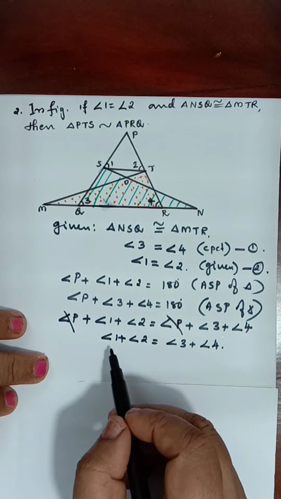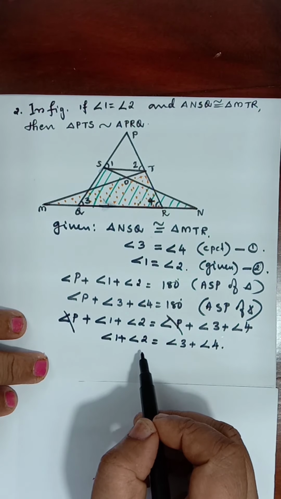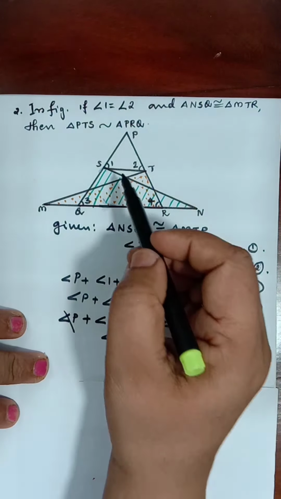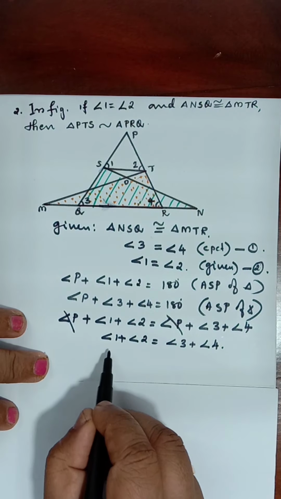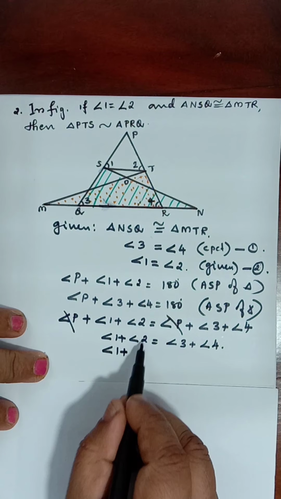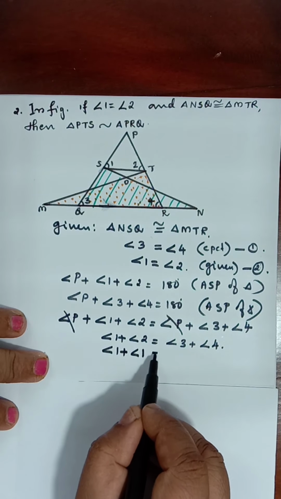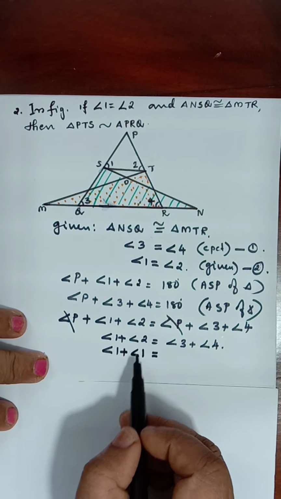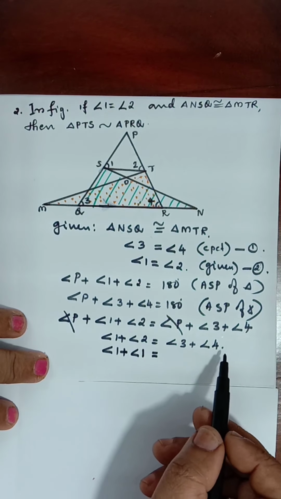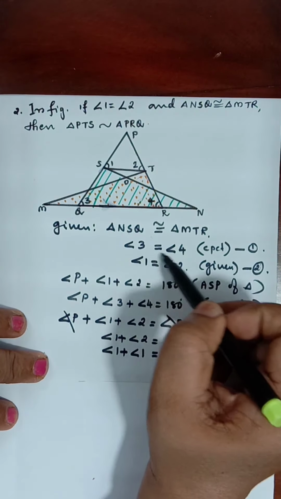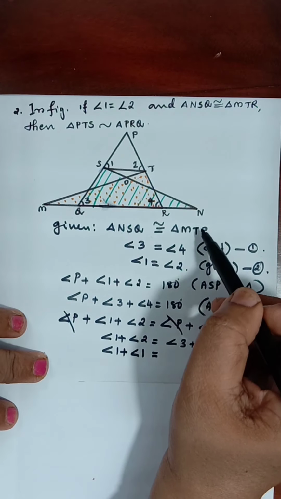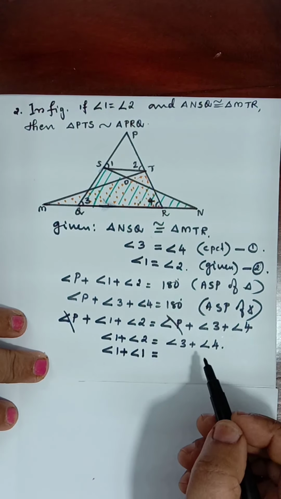Is that angle 1 equal to angle 2? It is given to us. Since angle 1 is equal to angle 2, angle 2 is equal to angle 1 itself. Angle 3 is equal to angle 4, that is CPCT from the given congruence.